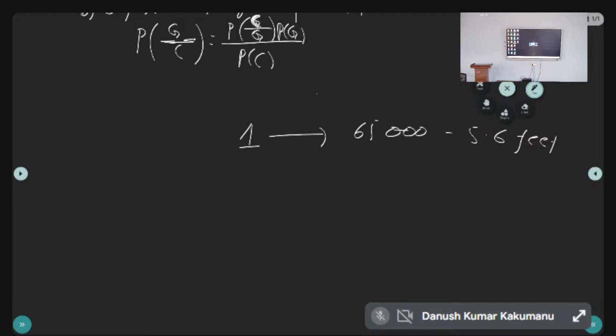What is the indication here? Out of 1 lakh people, the majority's height is 5.6. The height 5.6 is repeated for more number of people.